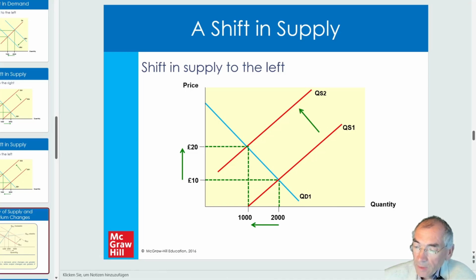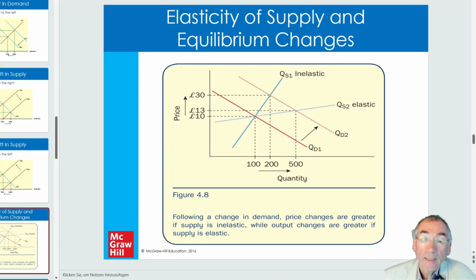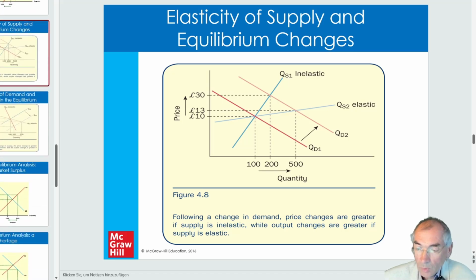We said in the table of contents that elasticity also plays a role with equilibrium changes. Have a look at figure 4.8. This we are also going to discuss in class. What is the difference? What are the different influencing factors here? But I don't want to draw this.